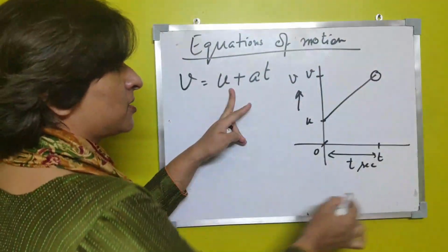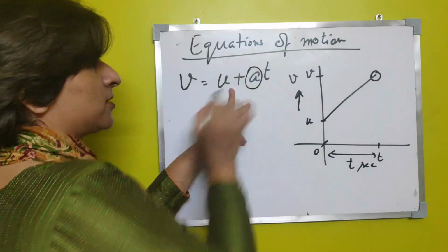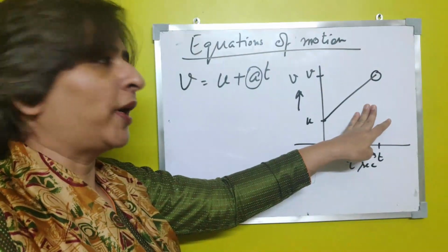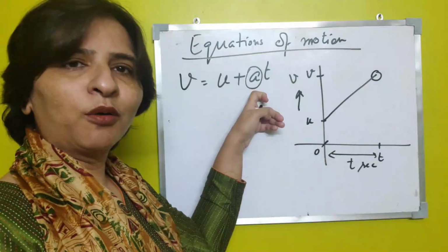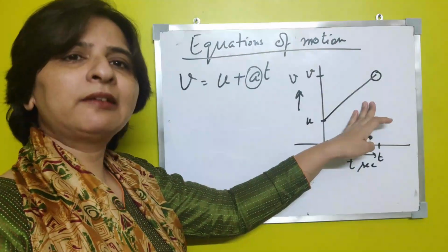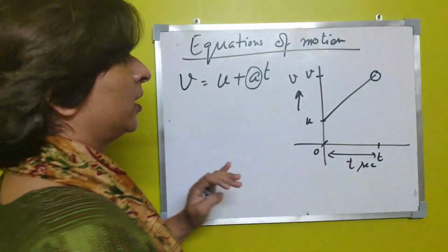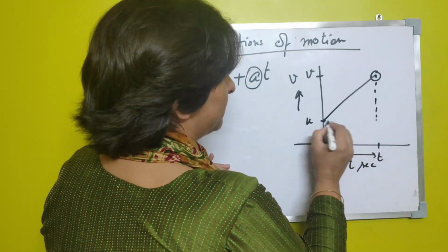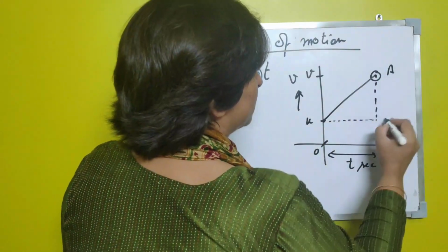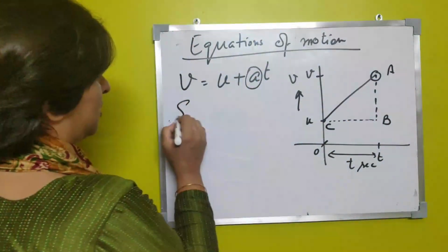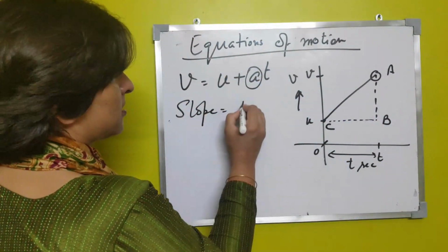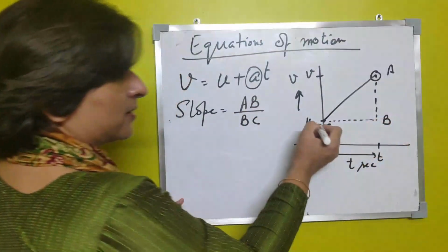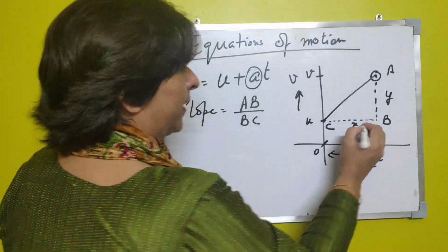Now, apart from these terms, we have one new term, that is a. So, we'll have to use a concept of the Vt graph where acceleration can be found by finding the slope of Vt graph. If we look for the slope of this Vt graph, it can be written as change in y-axis upon change in x-axis, y upon x.